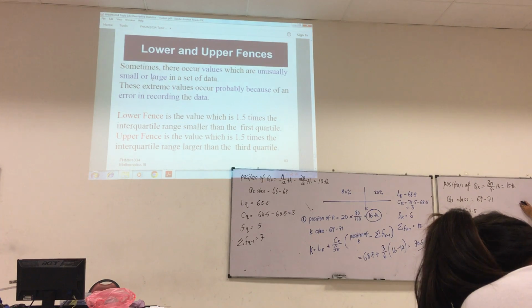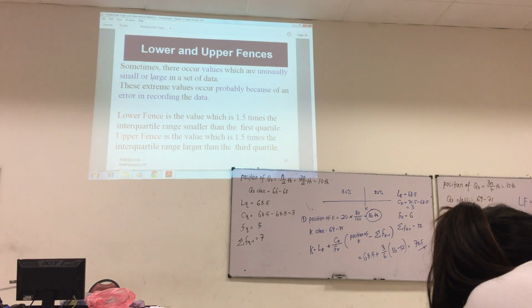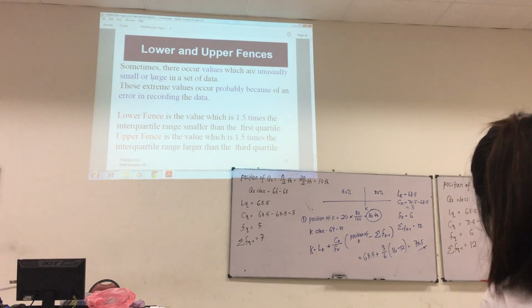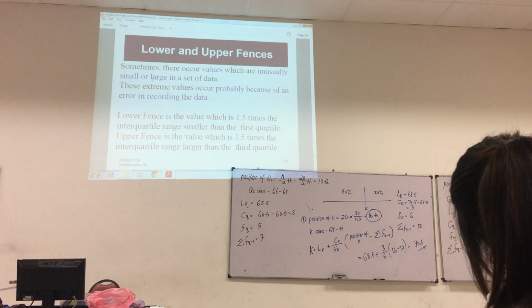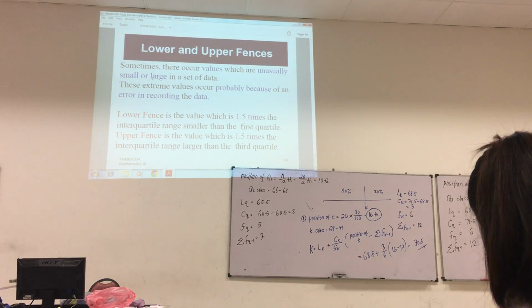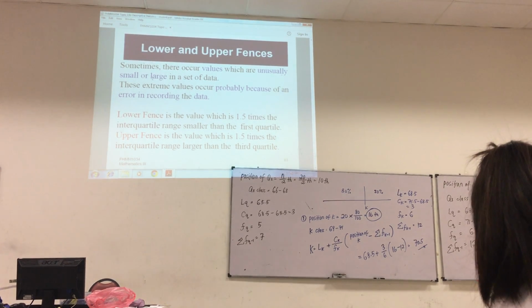Your lower fence calculation is going to be Q1, starting from the first quartile, minus 1.5 IQR. Your upper fence calculation is going to be Q3 plus 1.5 IQR.